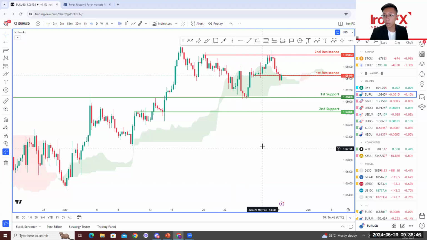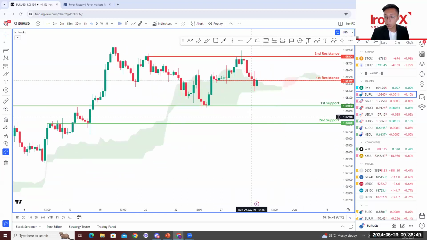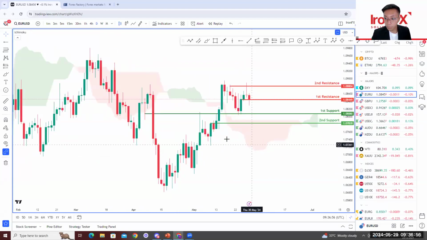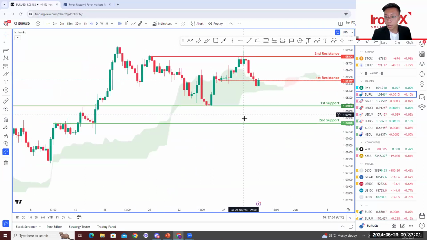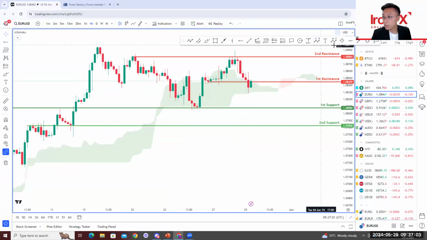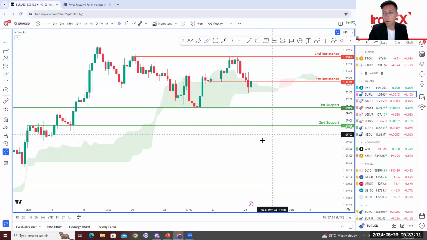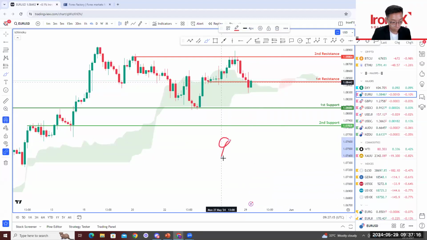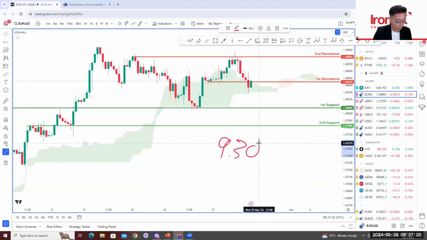Once we have plotted these areas, we are looking for entries. On the daily time frame, we are looking for buys. Ideally, I'm looking to buy at this area right here. But the timing right now is not very ideal, so I might wait for the New York session, starting from maybe around 9:30, where I will look for entries.